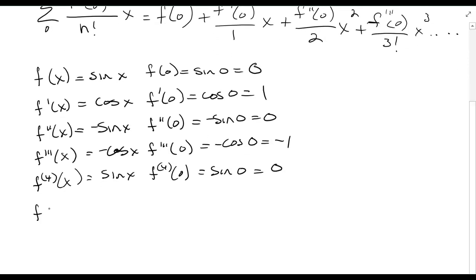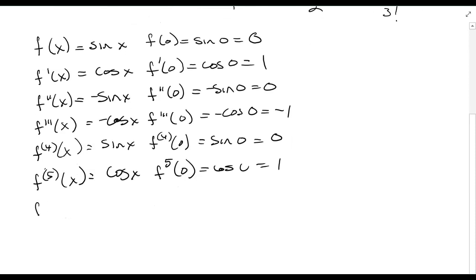So I said I want to go to 7, so let's just write them out. The fifth derivative is going to be cosine. So 0, 1, 0, negative 1, 0, 1. And again, just write it out.